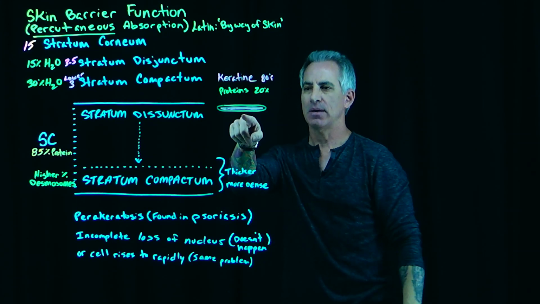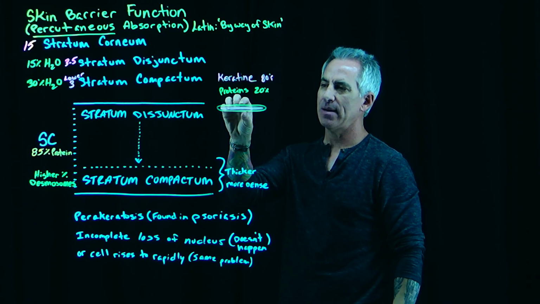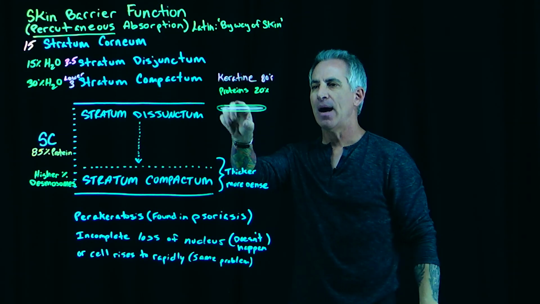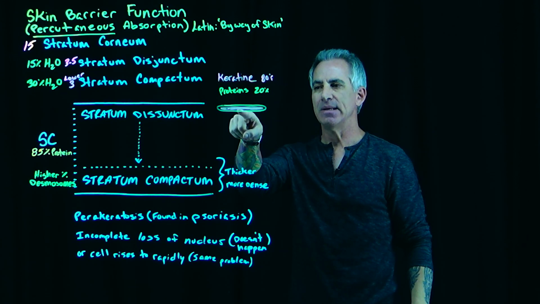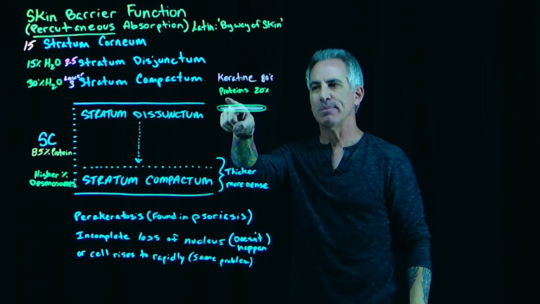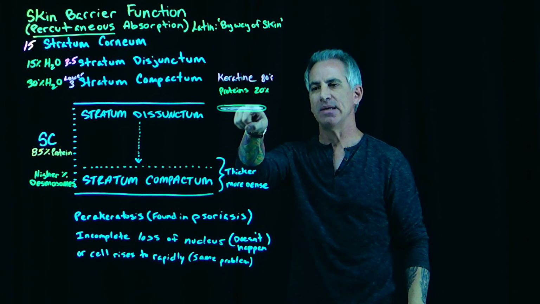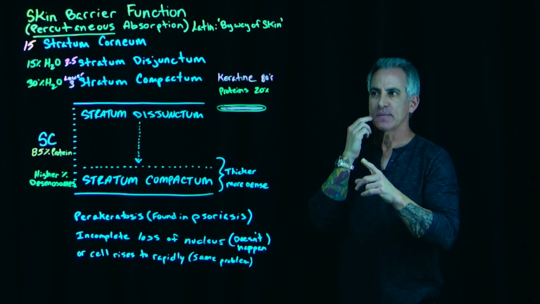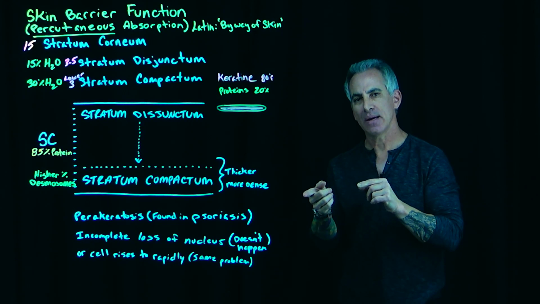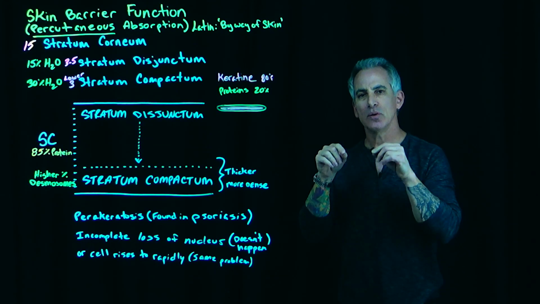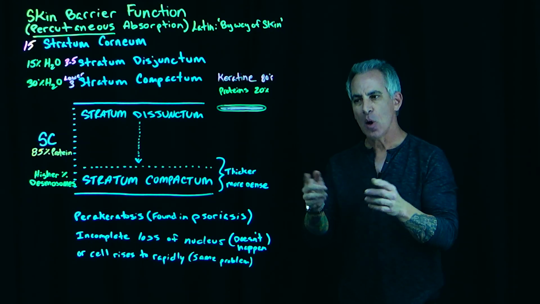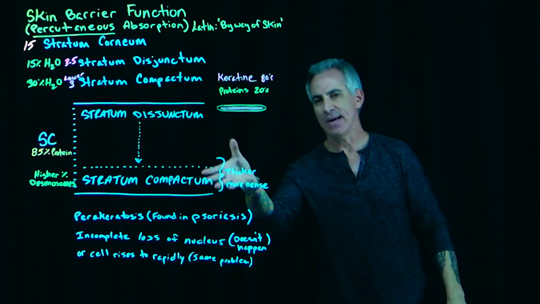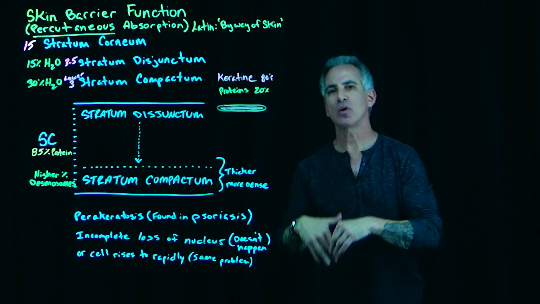Right here is what a corneocyte looks like, and well, not really, but okay. Keratin is 80% in the middle, and proteins, 20%, is the membrane on the outside. The key point to remember is that a corneocyte is non-nucleated, meaning what was inside of it when it was in the epidermal layers is now gone.